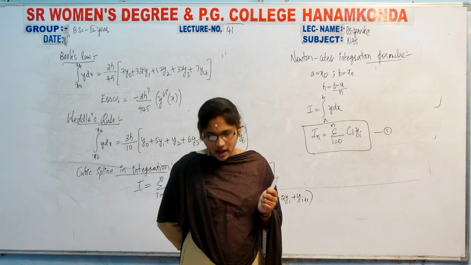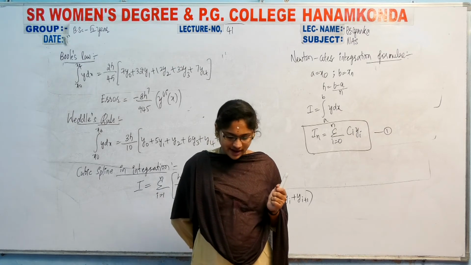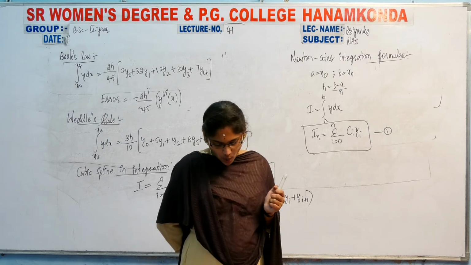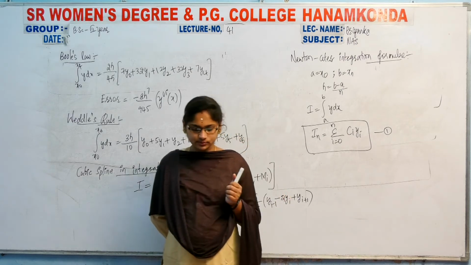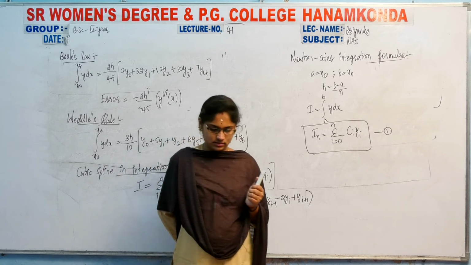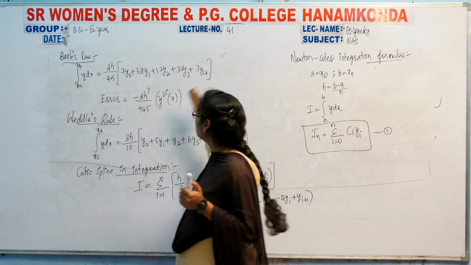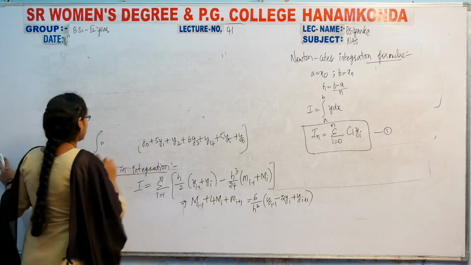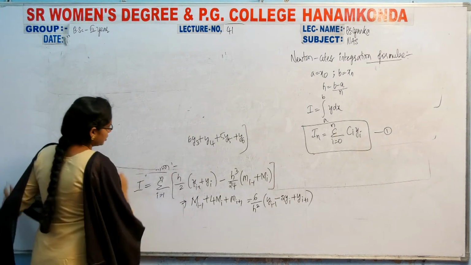We give the 5 simplest Newton-Cotes open integration formulas as follows. So how many simplest formulas do we have? 5. So I am going to give all those.